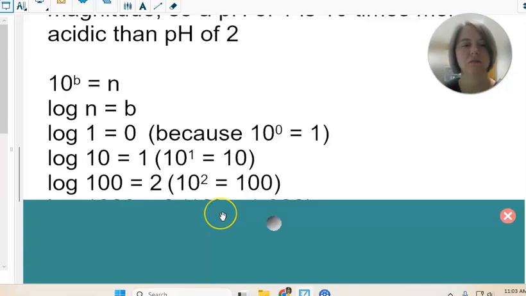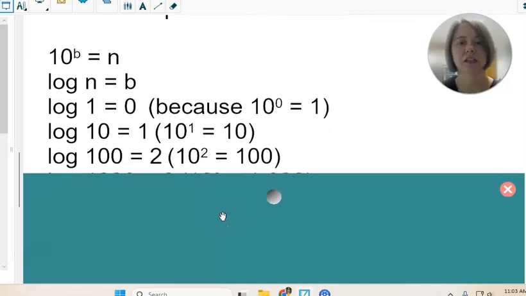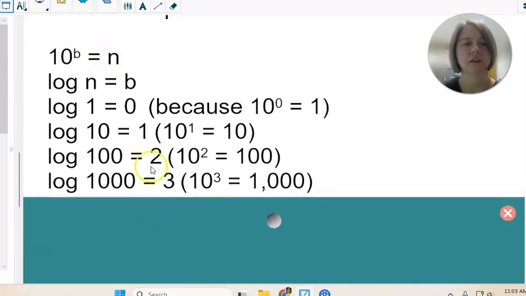I want you to write down some more just so we really get this in our brains. The log of 100 is 2 because 10 squared equals 100. The log of 1,000 is 3 because 10 to the third equals 1,000.